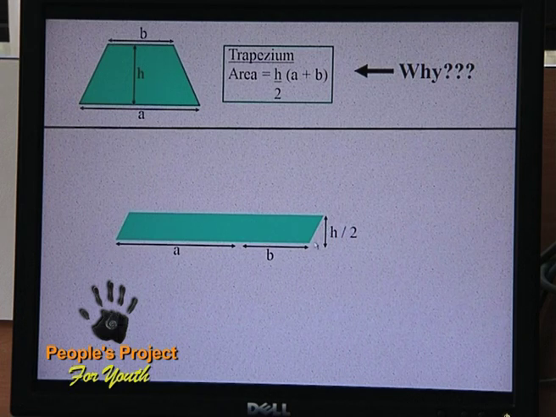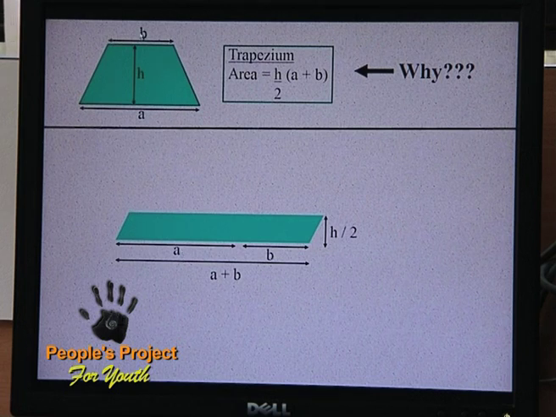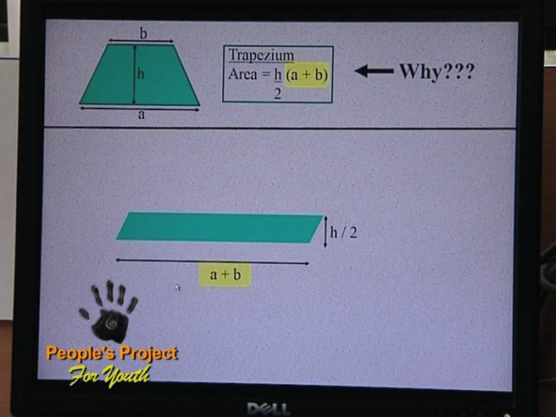And the base measurement for our parallelogram is the sum of the 2 parallel sides of our trapezium, A plus B. So this is why the area of a trapezium is A plus B, which is the base measurement, multiplied by half the height, which is the height measurement.